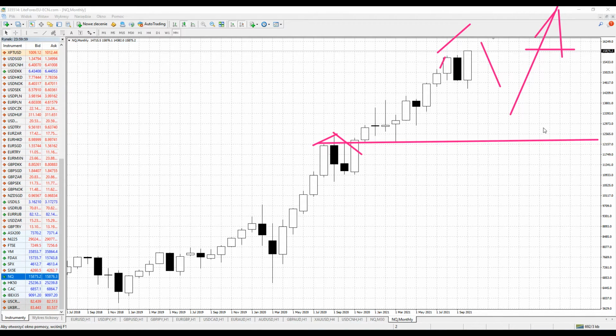Now, of course, we have to understand that the market prices have nothing to do with the real economic situation, right? Higher prices when it comes to inflation, right?